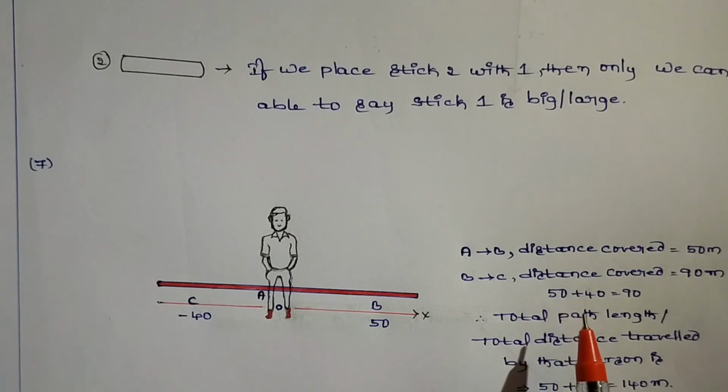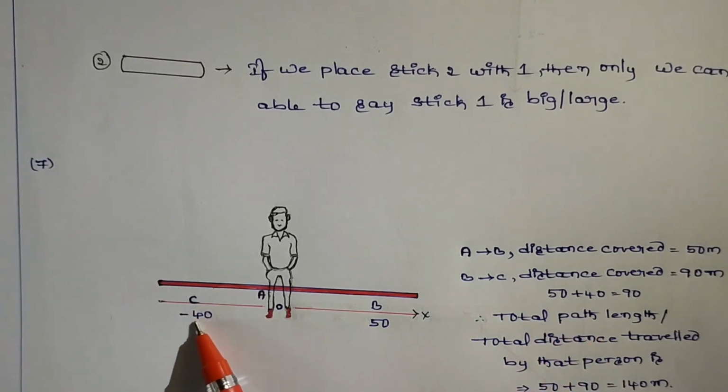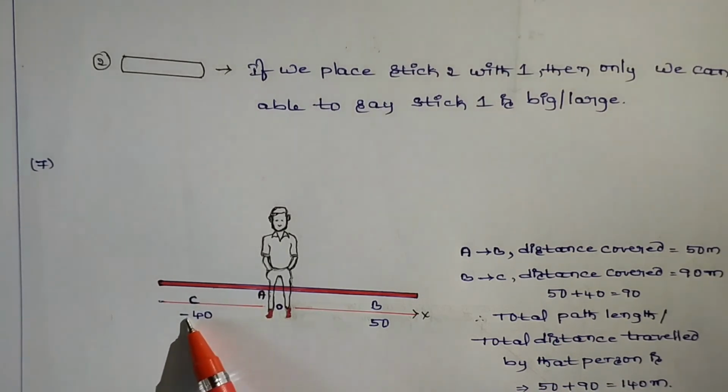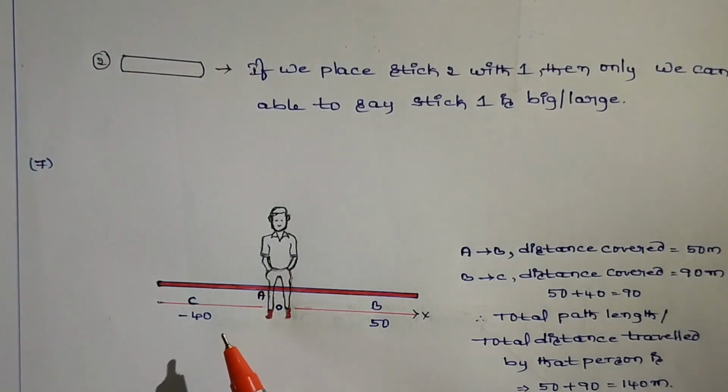Distance is a scalar quantity. Scalar means it has only magnitude but no direction. This negative sign shows the negative side of the x-axis. We are not taking negative direction, because distance is a scalar quantity, which has only magnitude but not direction.